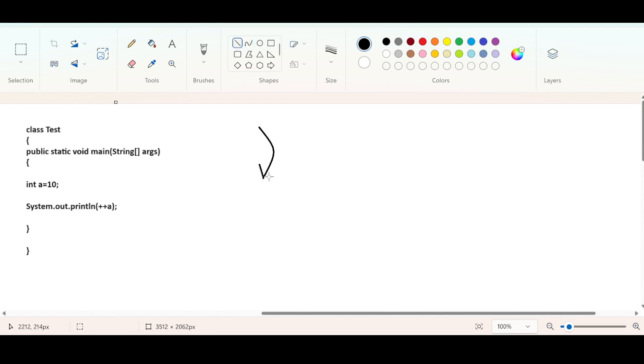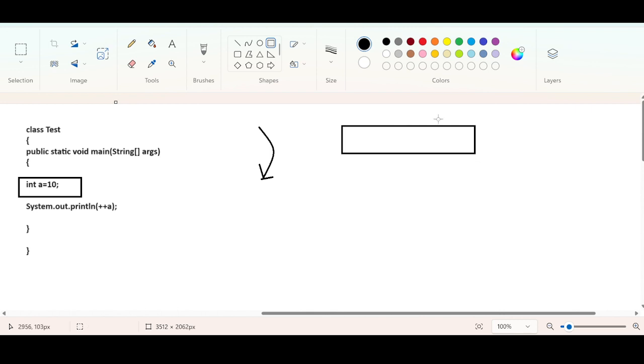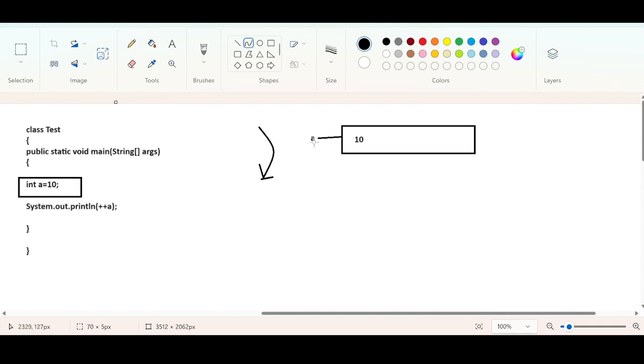The first instruction is very straightforward: int a = 10. Assign the value 10 to the variable a. 4 bytes of memory will be created, and this is a, holding the value 10.